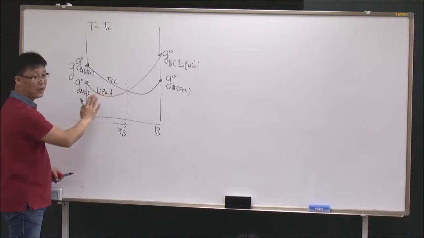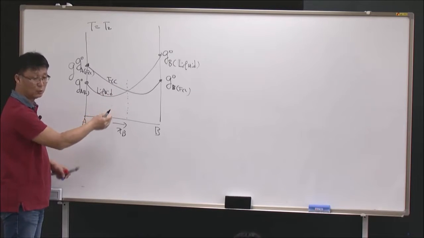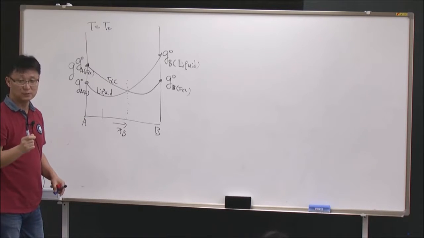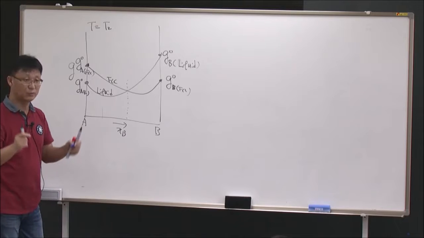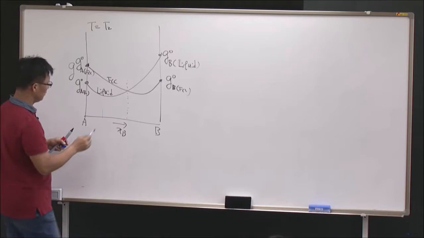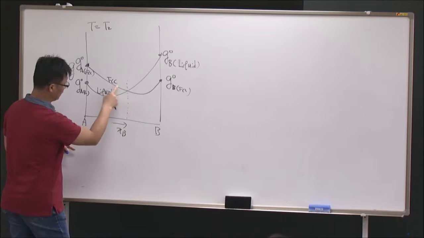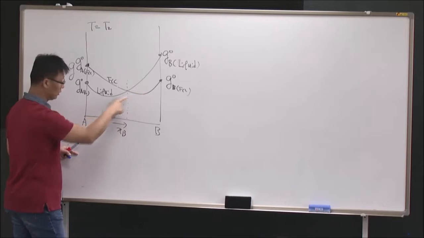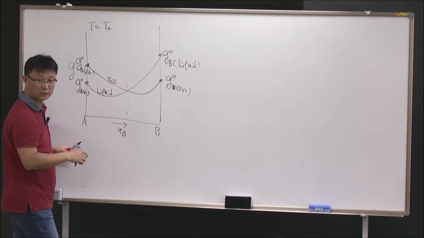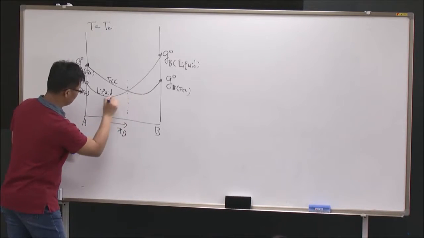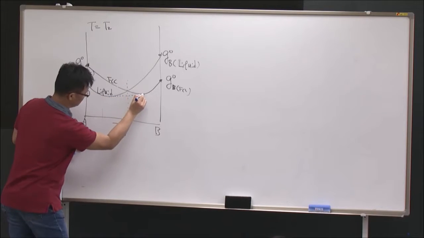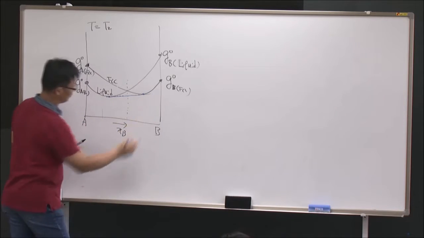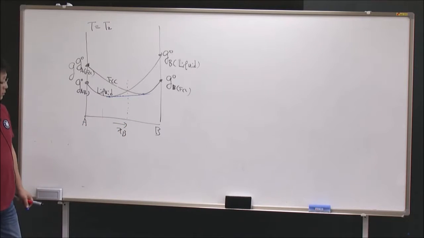So when you have any phase, whether it is a solution phase or a stoichiometric phase, you draw all the possible common tangent lines between the two different phases. Okay? For example, I want to draw the common tangent line between this liquid solution and this solution. So you can draw the common tangent line like this. From here to here, I have a common tangent line like this. Okay?